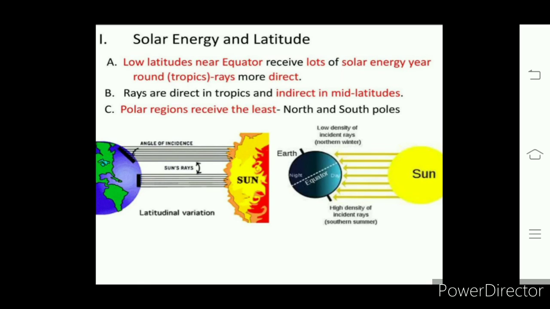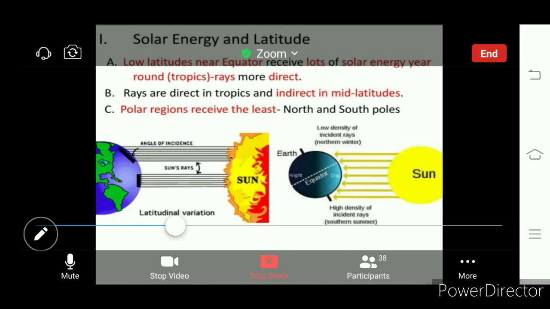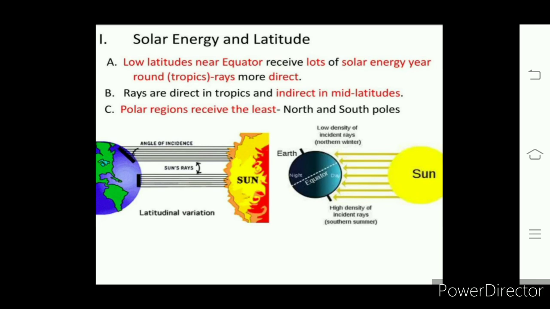And at mid latitudes, what is meant by mid latitudes? Latitudes which are around 60 degrees. There we find the insolation is lower than the insolation received at the tropics. And moving further to the polar region, we find very low insolation.